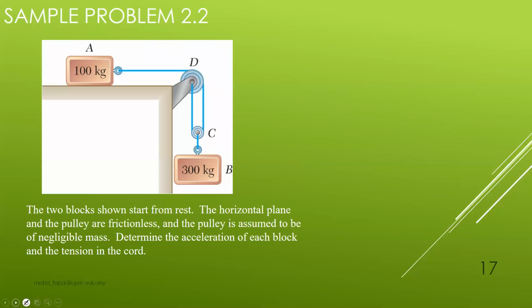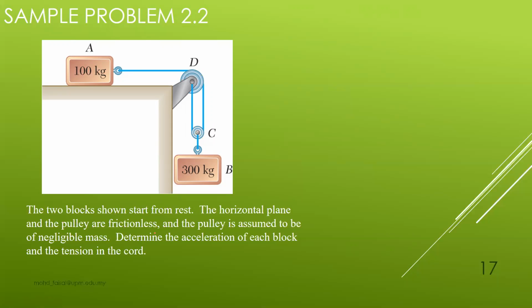Second example here, we have a sample problem where there are two blocks attached and linked together. Two blocks shown start from rest, the horizontal plane and the pulley are frictionless, so no friction on this part.